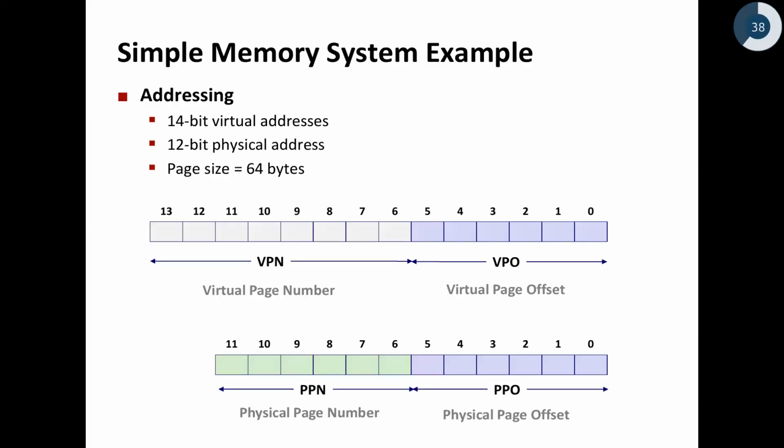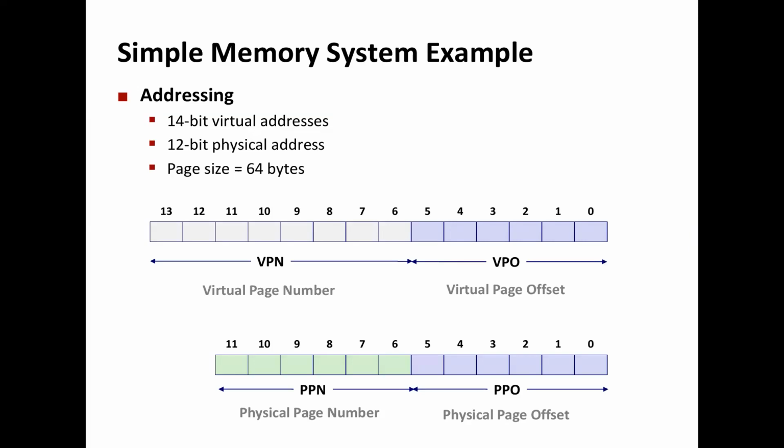So let's consider an example of a memory system with 14-bit virtual addresses, 12-bit physical addresses, and a page size of 64 bytes. Again, this is given by a specific system. For example, in x86-64 we have 4 kilobyte pages, 48-bit virtual addresses and 52-bit physical addresses.